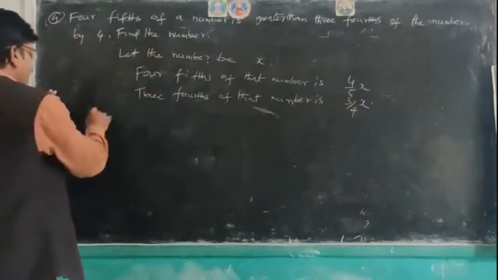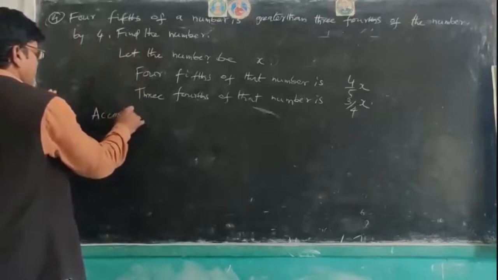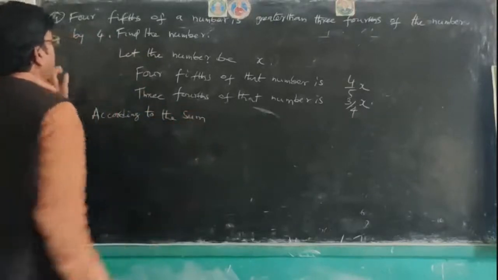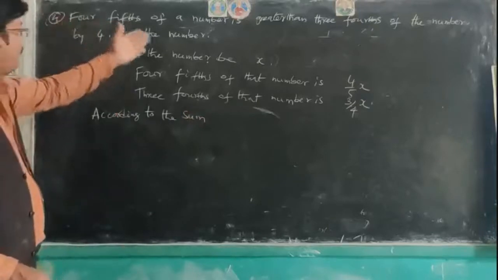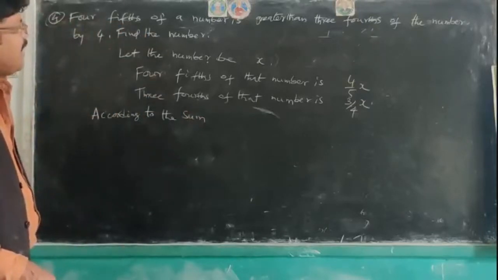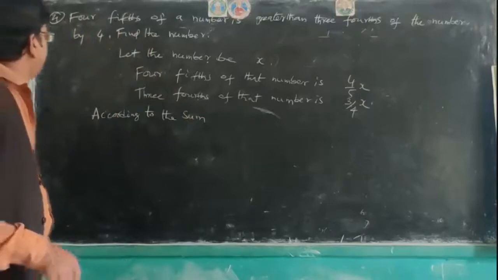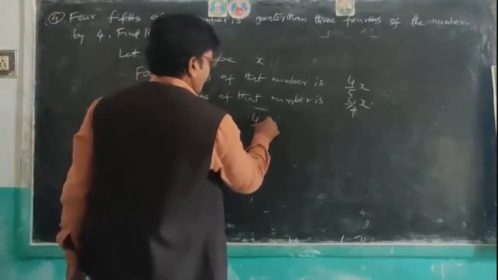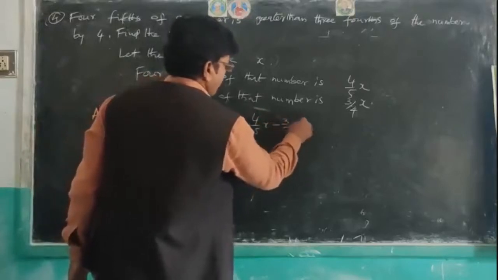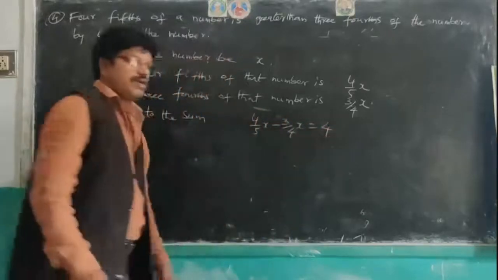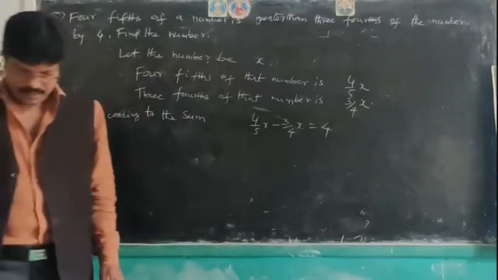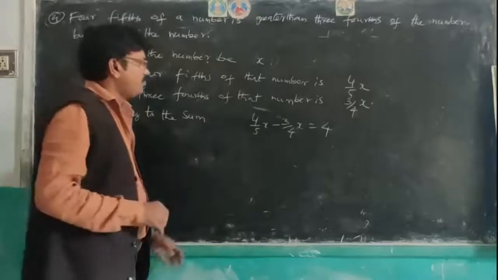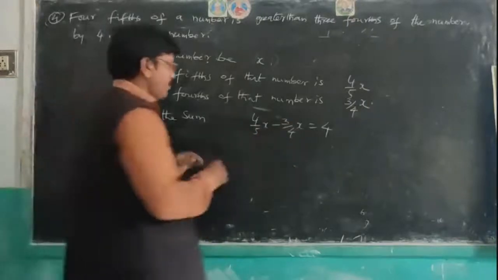According to the sum, what is asked? 4/5 of a number is greater than 3/4 of the number by 4. So 4/5 x minus 3/4 x equals 4. Now this is in equation form.